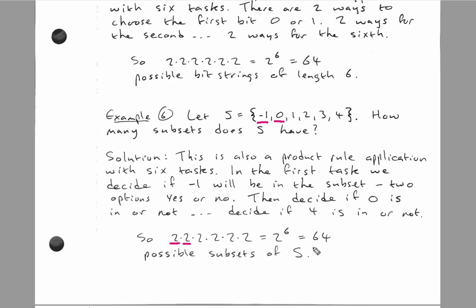The answer is there are 64 possible subsets of this set S. It's another counting problem: for each of these 6 steps, we're deciding whether to include an element or not.